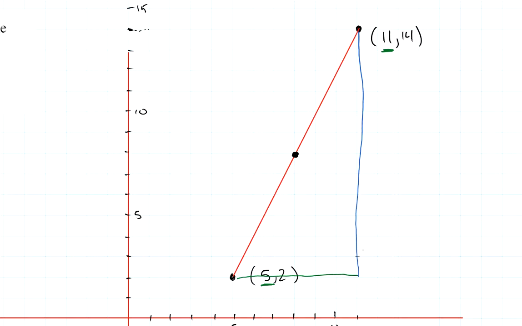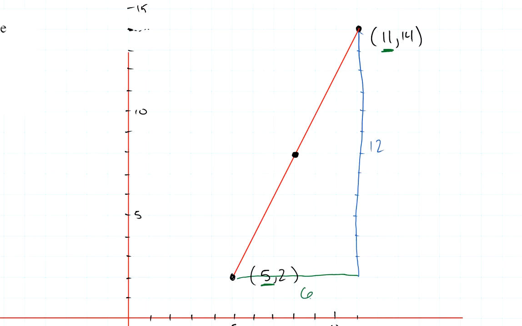Let me verify that: 1, 2, 3, 4, 5, 6, 7, 8, 9, 10, 11, and 12. So I've got 12 units of change vertically, and a total of 6 units of change on the x-axis.